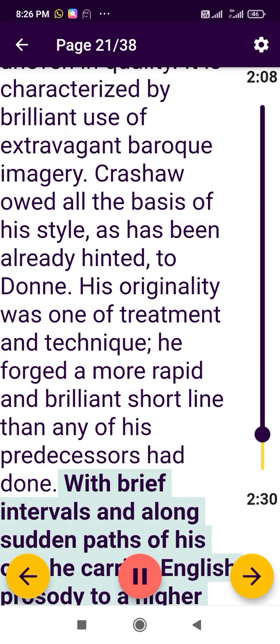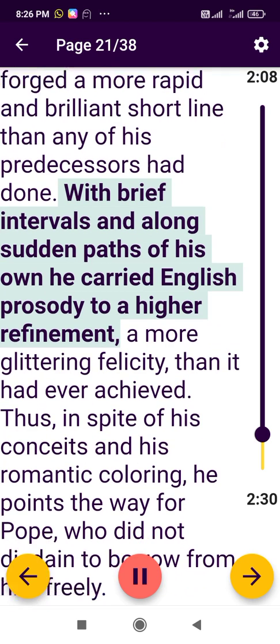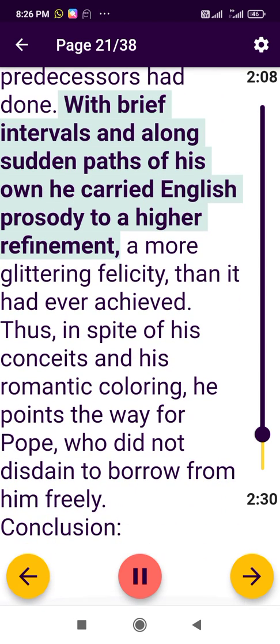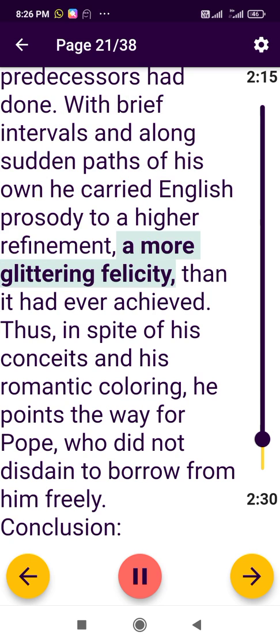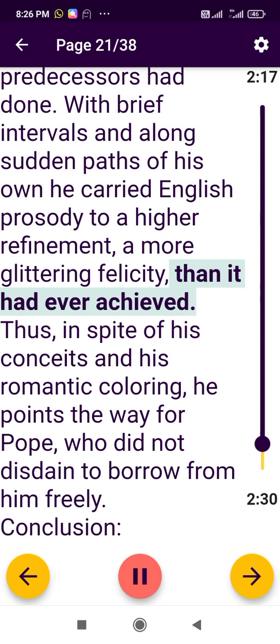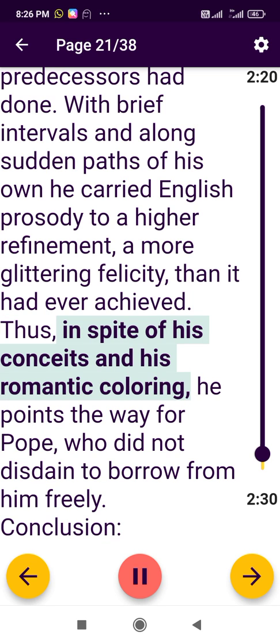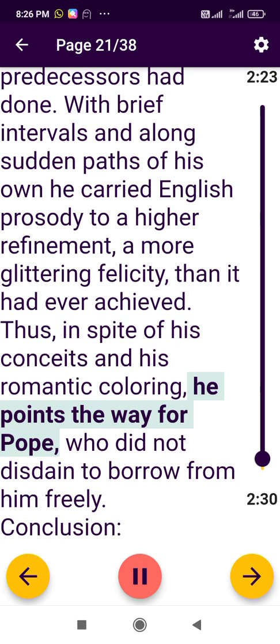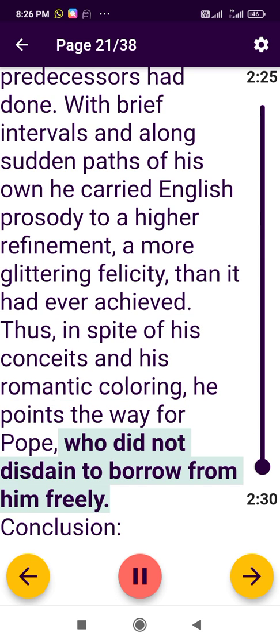With brief intervals and along sudden paths of his own he carried English prosody to a higher refinement, a more glittering felicity, than it had ever achieved. Thus, in spite of his conceits and his romantic coloring, he points the way for Pope, who did not disdain to borrow from him freely.